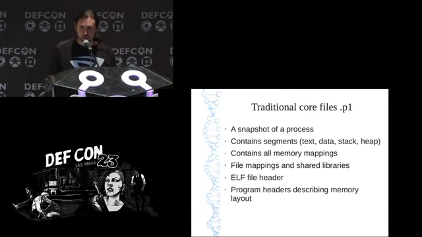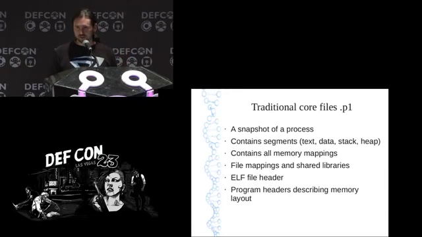So let's take a quick look at what a traditional core file looks like. Regular core files are essentially a snapshot of a process. It's an ELF file. It has an ELF file header, and from the ELF file header you find the program segments. Program segments are of type PT_LOAD. They're loadable segments, and they represent all the different memory mappings in the entire process: the text segment, data, heap, stack, shared library mappings, and so forth. But there's not a whole lot of metadata associated with these.